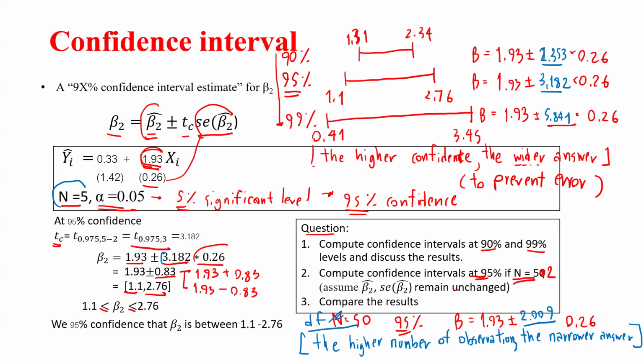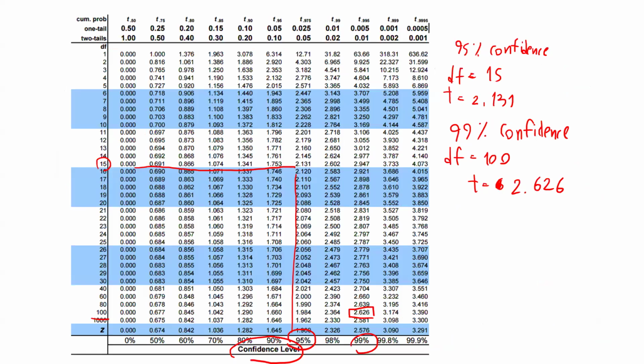But you can see the table again. Degree of freedom here, for simple linear regression, we have to compute degree of freedom equal n minus 2. So degree of freedom depends on n.